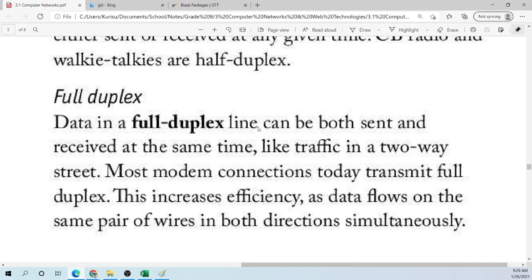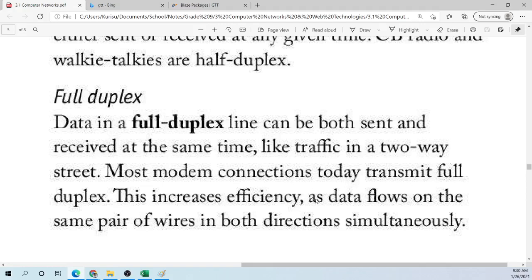Now the full duplex, both can send and receive at the same time. So that's like a two-way street. You can go up and down. It doesn't matter who's connected. Everyone can send data. Everyone can receive data. So most modern connections today transmit full duplex.